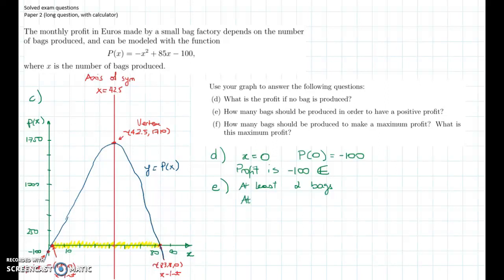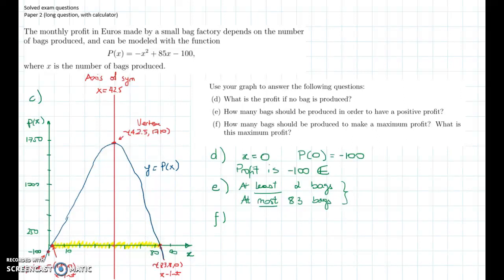So we need to answer that you have to produce at most 83 bugs. If you produce 84, you're already on the other side of the x-intercept, so you'll be having negative profit. So the answer will be that the number of bugs is at least 2 bugs and at most 83 bugs.